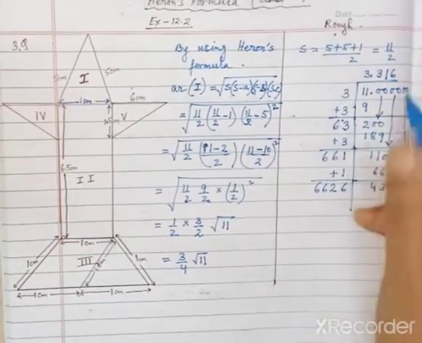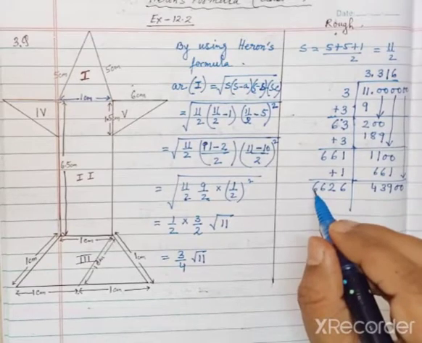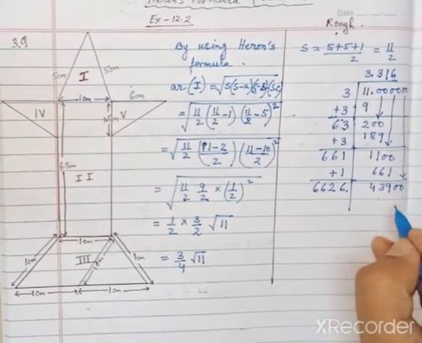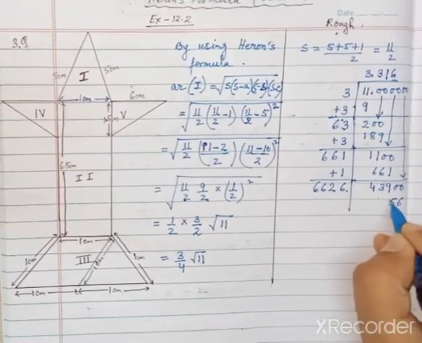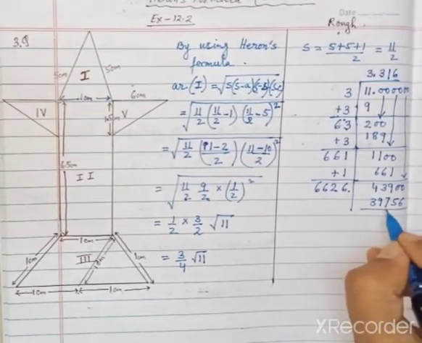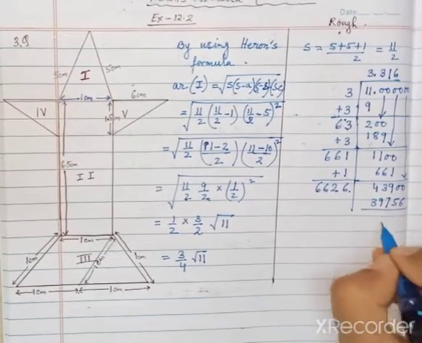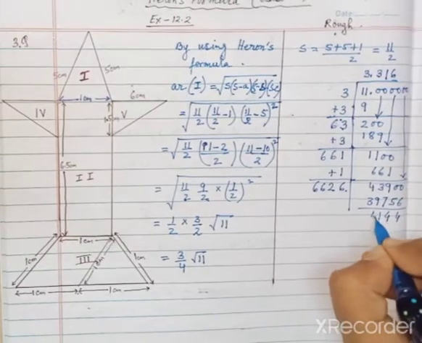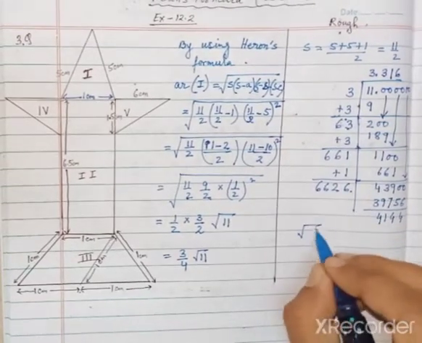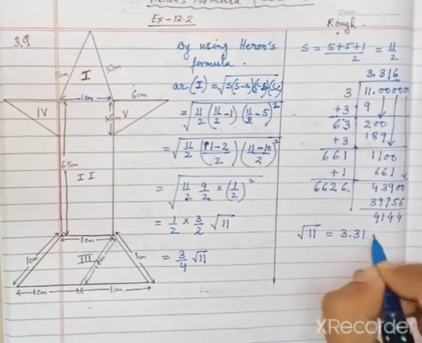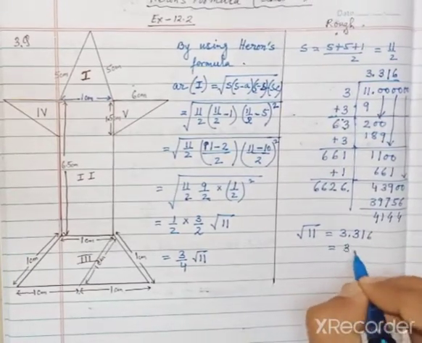When you multiply 6 with 6,626, we will get 39,756. Now subtracting that, we will get 4,144. Okay, so root 11 will be 3.316, and that can be written as 3.32.